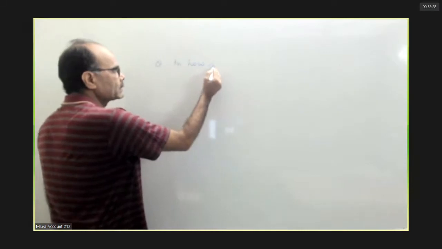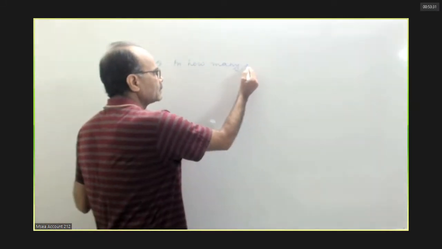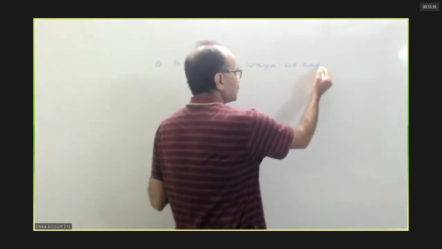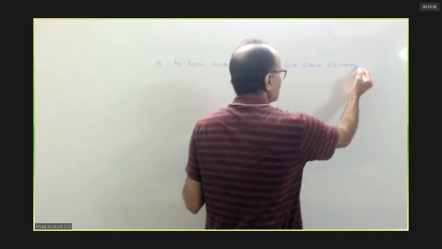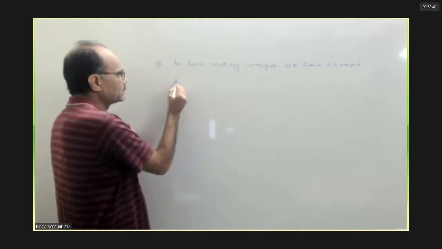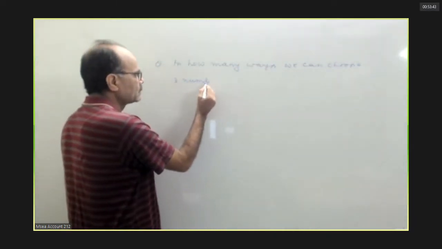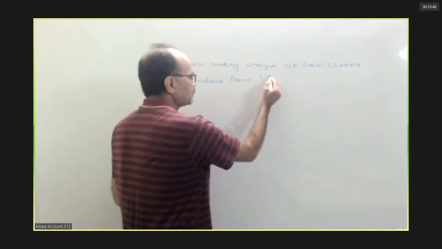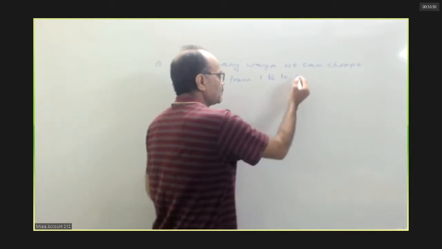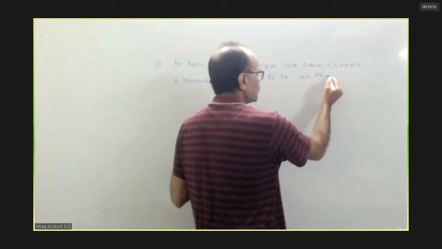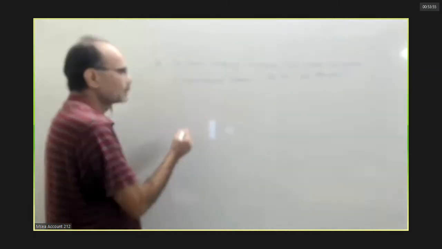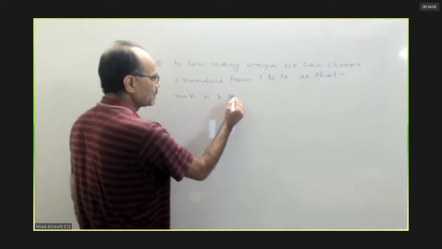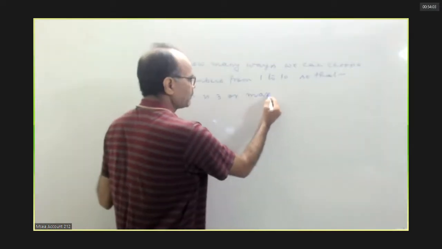In how many ways can we choose three numbers from 1 to 10, both included, so that the minimum is 3 or the maximum is 7?